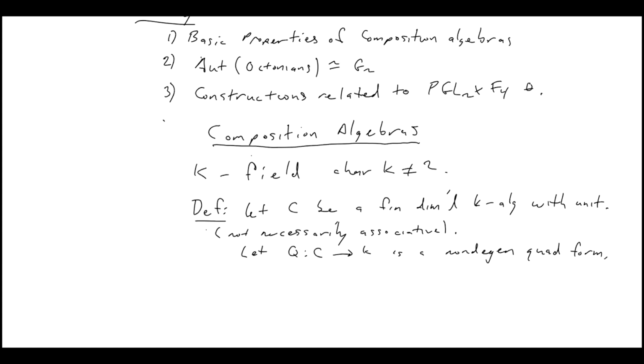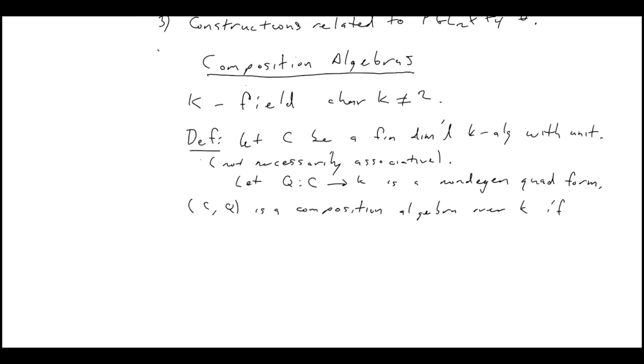We'll say that the pair (C, Q) is a composition algebra over K if the following identity holds: the quadratic form on the product x times y is equal to the quadratic form on x times the quadratic form on y, for all x and y in C.